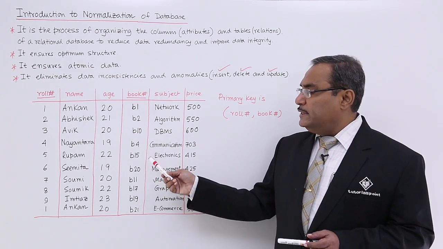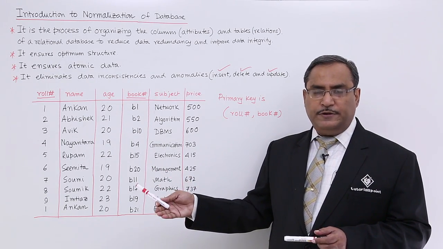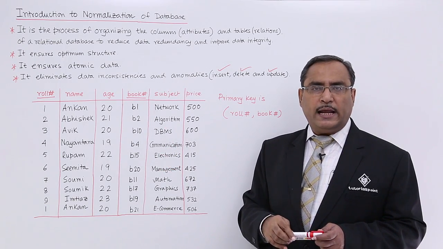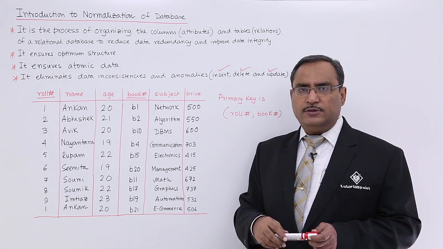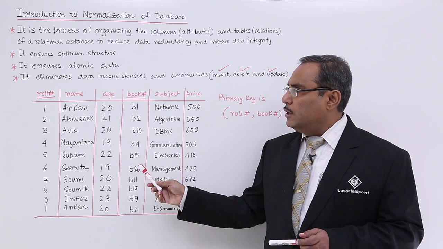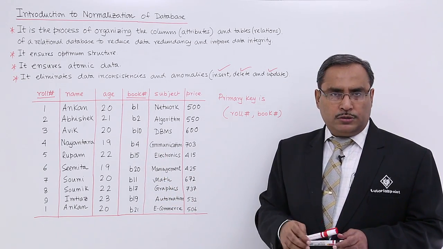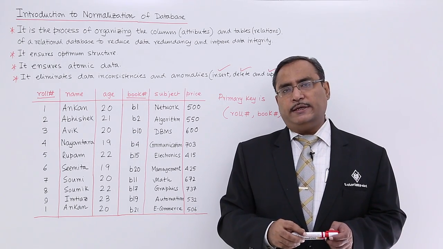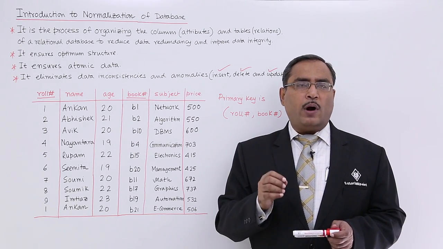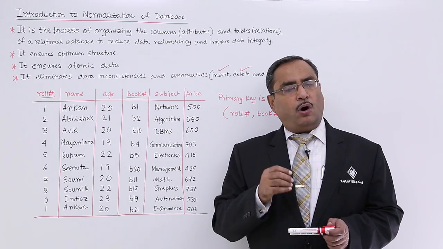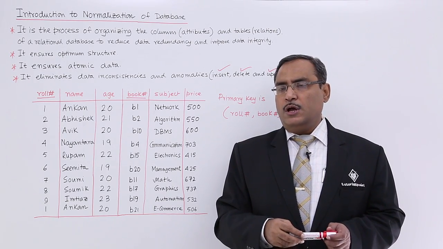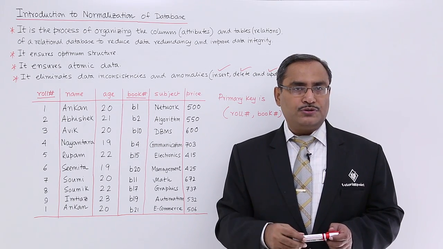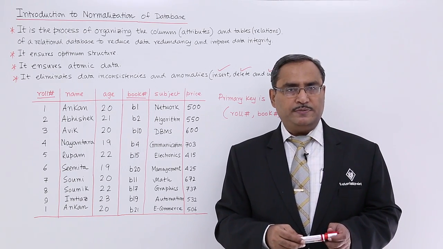So we shall discuss different normal forms in the next videos to solve such problems, where insertion, deletion, and update anomalies will not be there, redundancies will not be there, and so on. Edgar F. Codd was the first person who proposed these normalization techniques. So we have 1NF, 2NF, 3NF. All these normal forms were proposed by Codd. That's why we have Codd's rules on the relational database management system.